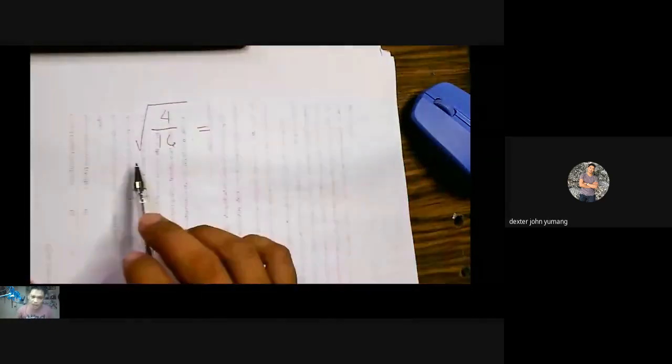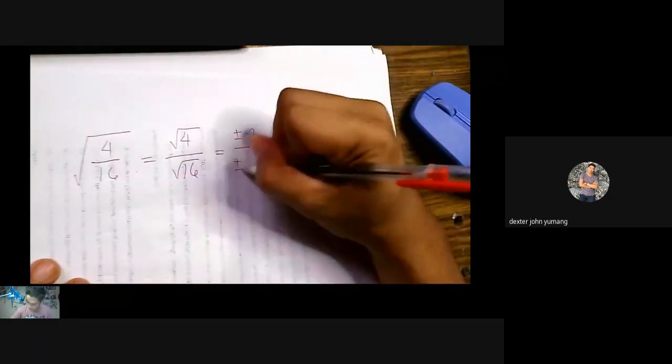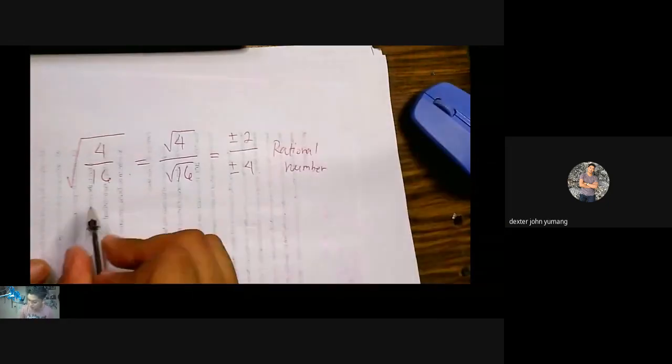Kasi, ibig sabihin po ng square root 4 over 16, ganito po siya: square root of 4 over square root of 16. Gihiwalay po siya. Ang square root ng 4, that is a perfect square. Sulat nyo plus minus 2. Dito naman plus minus 4, times 4 is 16. So, 2 and 4 are all whole numbers. So, this is a rational number. Pag fraction po.